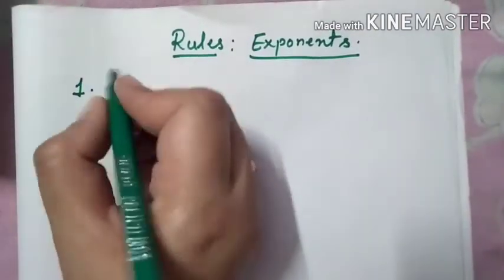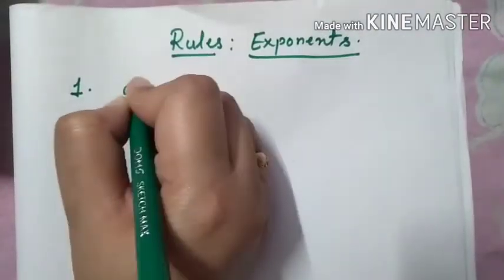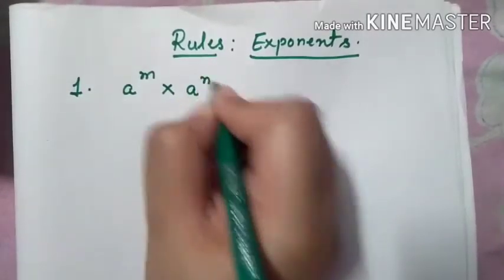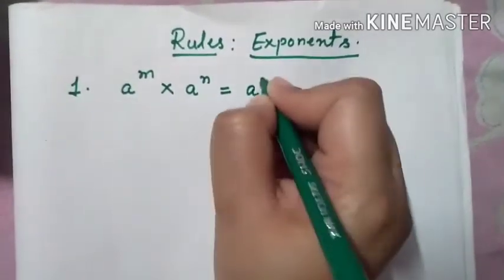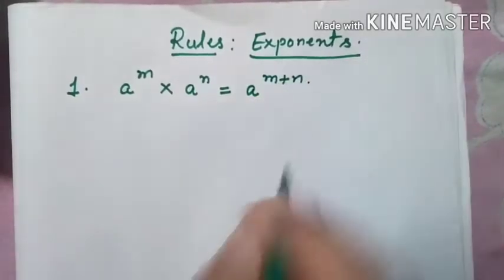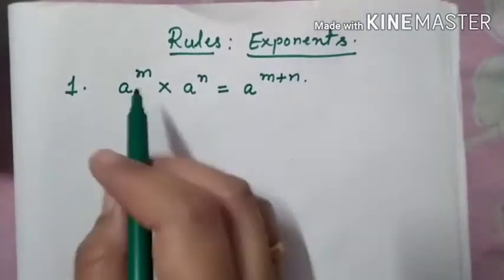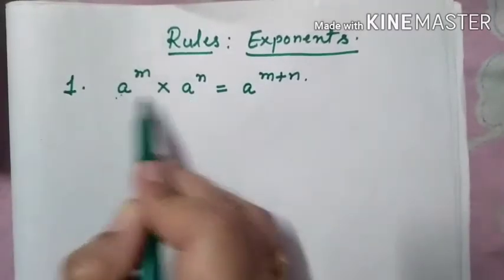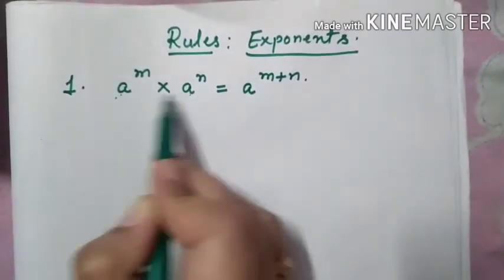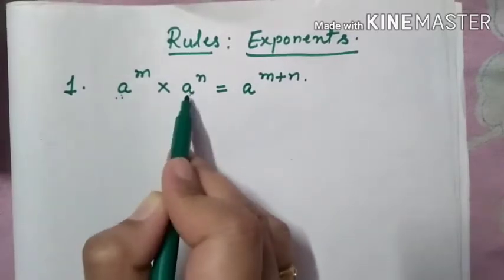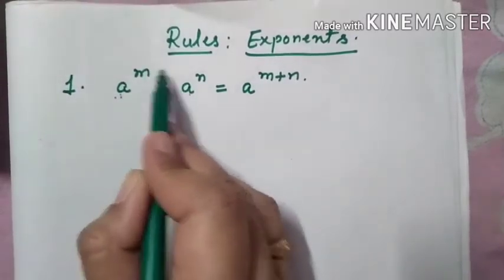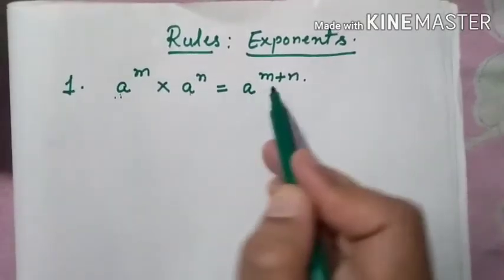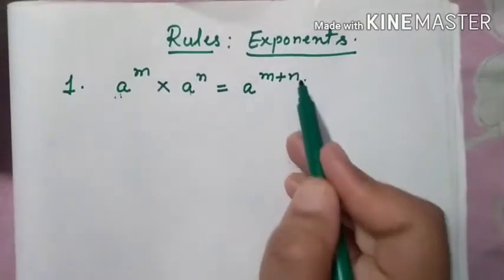First rule is a raised to the power m is multiplied by a raised to the power n is equal to a raised to the power m plus n. In this rule, if our base are same, is that clear? If our base are same, then we add their powers, that is a raised to the power m plus n.